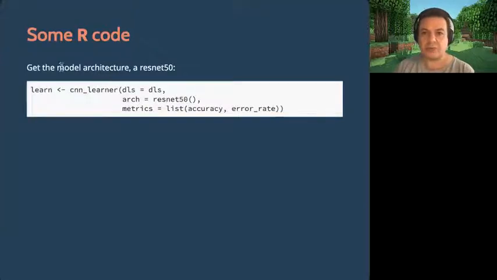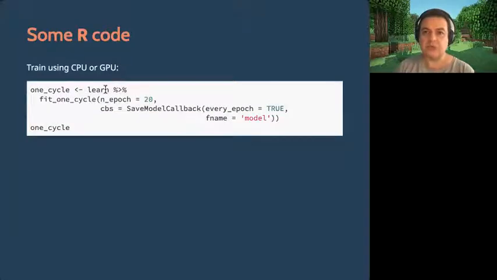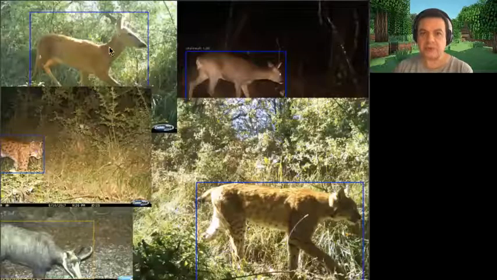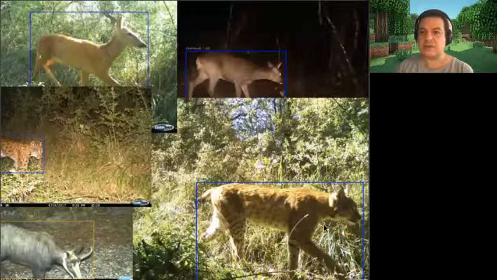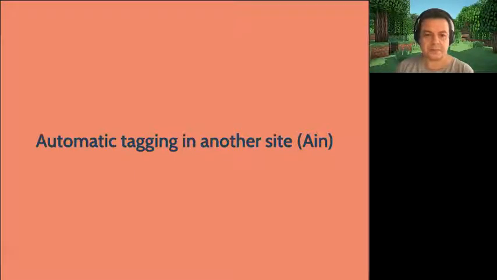We get the pre-trained model architecture, here ResNet 50, and then we continue training the model with our data. I used 20 epochs and saved the model after each epoch for later use. The results are rather good. We managed to classify the lynx and its main prey, chamois and roe deer, with a satisfying level of certainty.